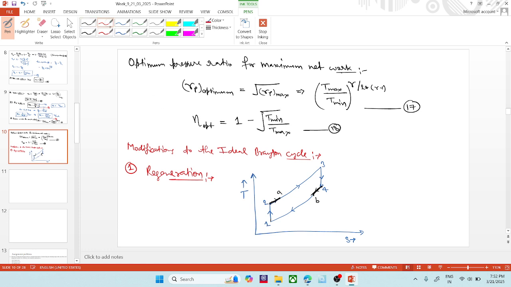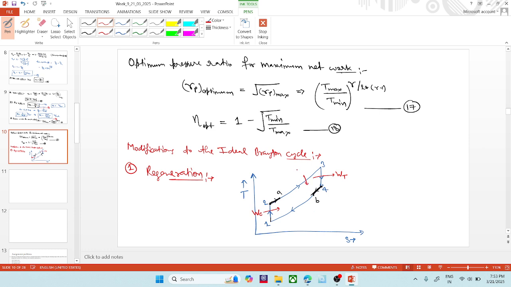In this case, the turbine work will be the same with and without regeneration. The compressor work would be the same with and without regeneration.